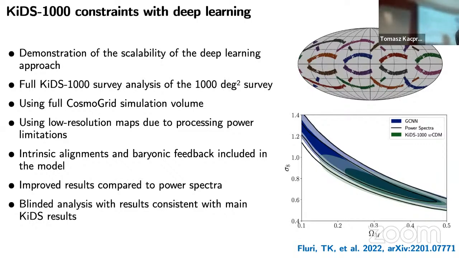The neural nets and power spectra agree quite well. The KiDS-1000 team is removing some of this area here in the combination of sigma 8 and omega m. This is expected given that we used slightly different priors than they did.